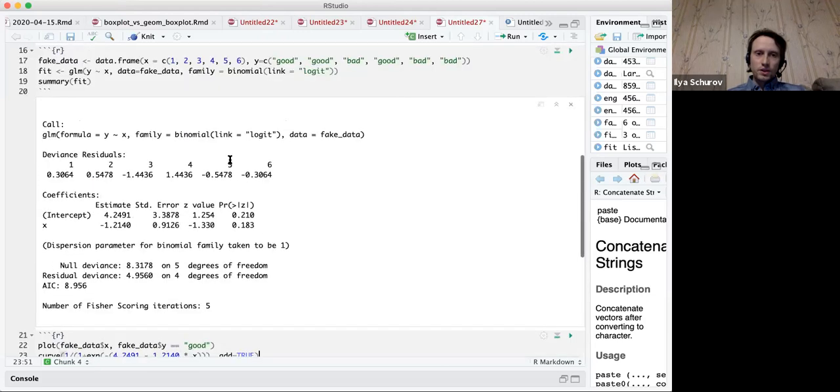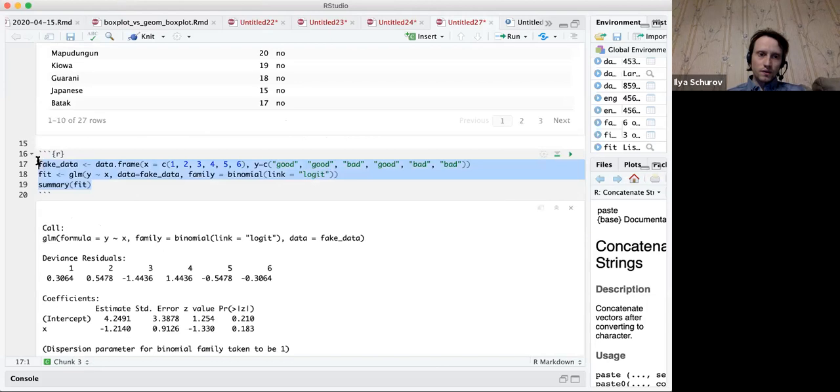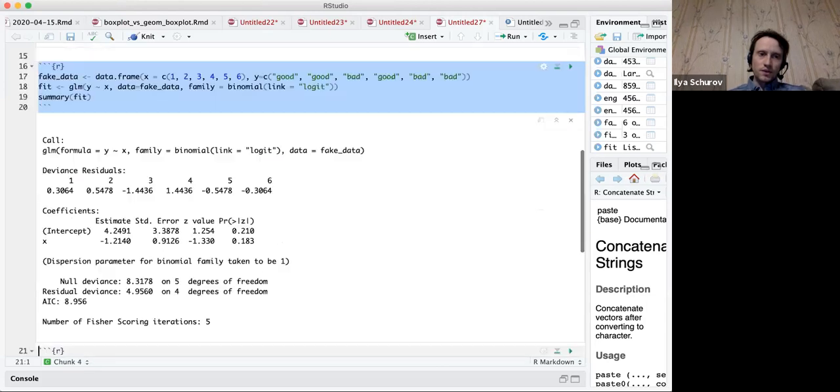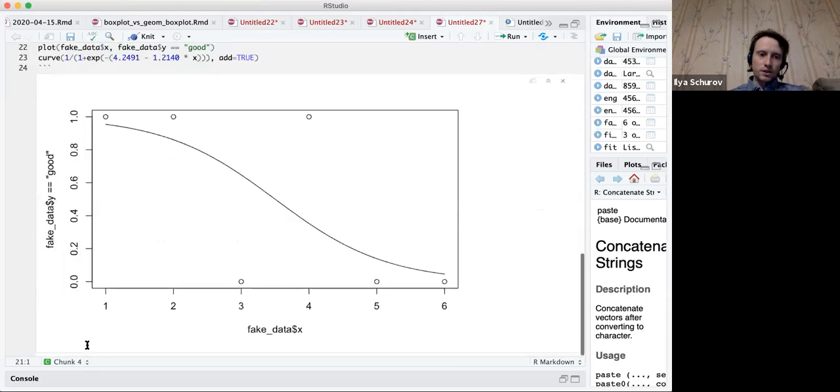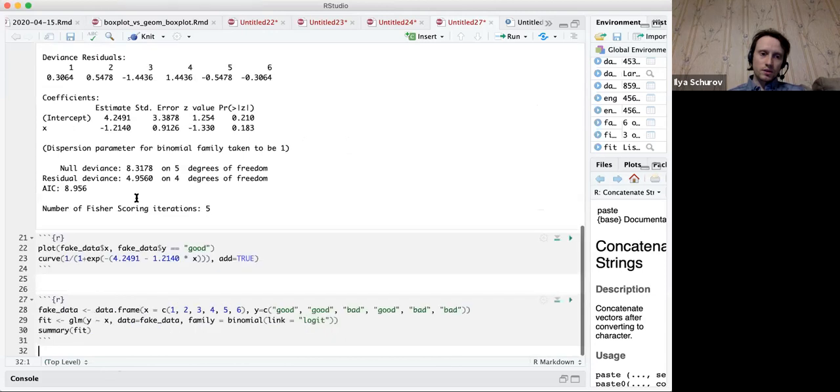Let us try it just to see the effect that we discussed at the lecture. Let us try to make our data with perfect splitting. So I have to add, for example, good here. Okay, that's all. Let us try this data. You see that here I have a perfect separation.